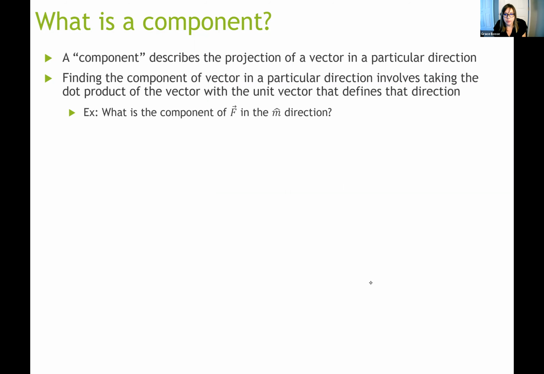So let's do an example. It's easier to explain this in terms of an example. Let's say I give you these vectors here, vector f and vector m hat. And I ask you, what is the component of vector f in the direction of the m hat unit vector?